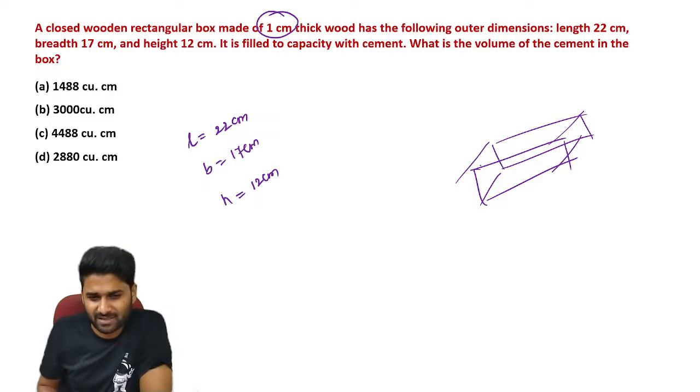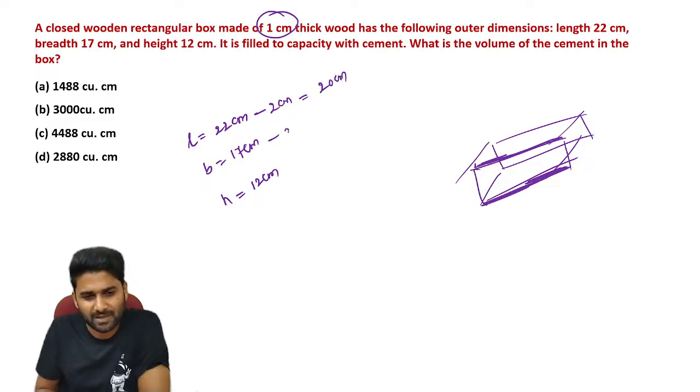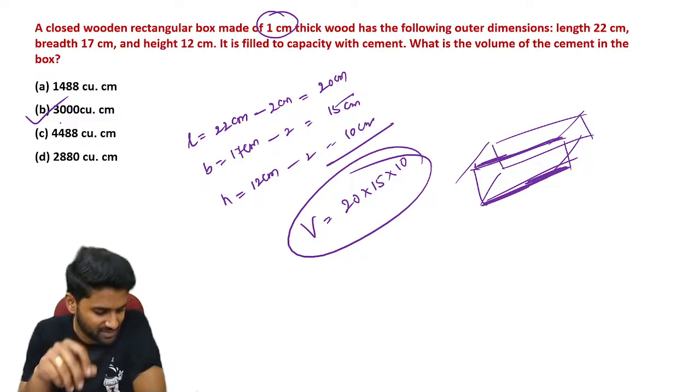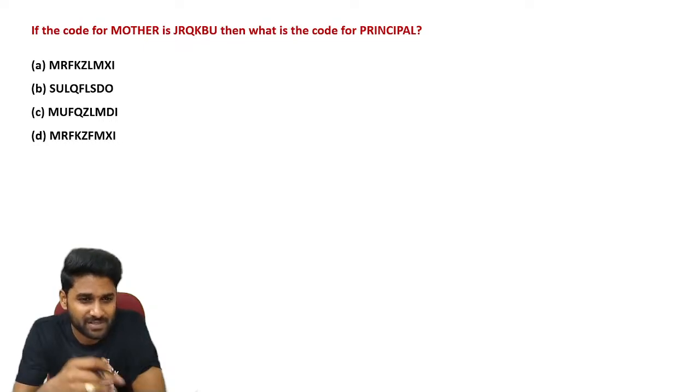If one side is 1 centimeter thick, definitely the other side is also 1 centimeter thick. For the length, we have to subtract 2 centimeters, so the final length is exactly 20 centimeters. In the same way, the breadth is 15 centimeters and the height is 10 centimeters. So what is the total volume? Length into breadth into height. So the answer is 3000 cubic centimeters. Yes, very good, madam. Vijay, very good. It's 3000 cubic centimeters.